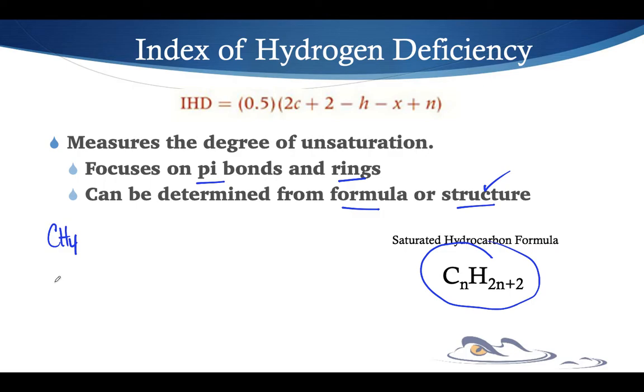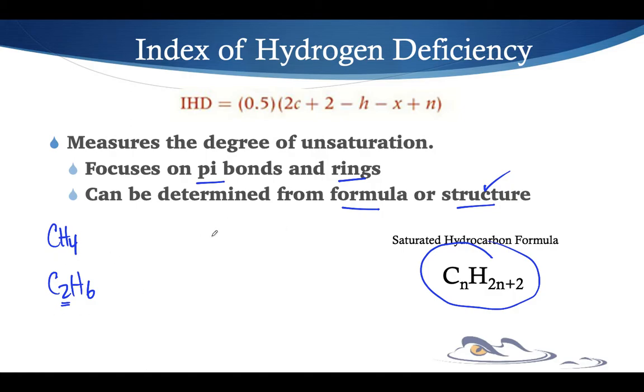Let's choose something a little bigger, huh? How about C2H6? So if the carbons were 2, there's 2 carbons in it. See right there, the 2? 2 carbons, so 2 times 2 plus 2 is 6. There's ethane. We know ethane is a saturated molecule.